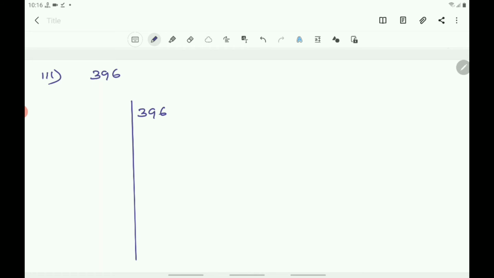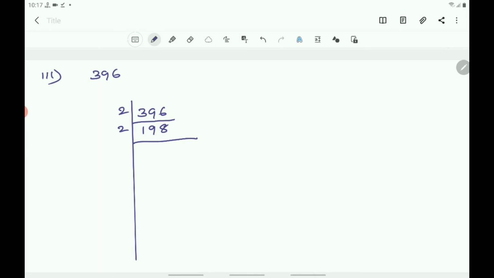You know that 396 is divisible by the first prime number 2, because the unit digit is 6. So you write 2 ones are 2, 1 is remaining, 19, 2 nines are 18, again 1 is remaining, 16, 2 8s are 16. Then you write 2.